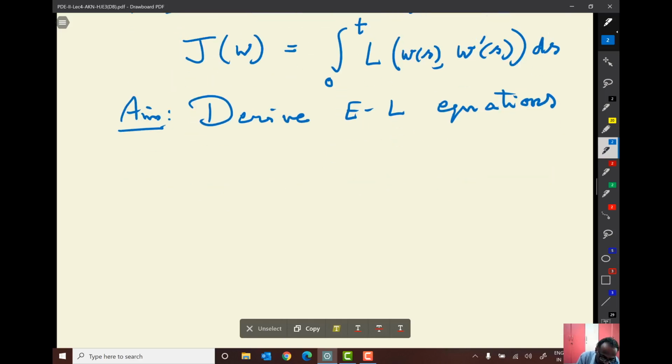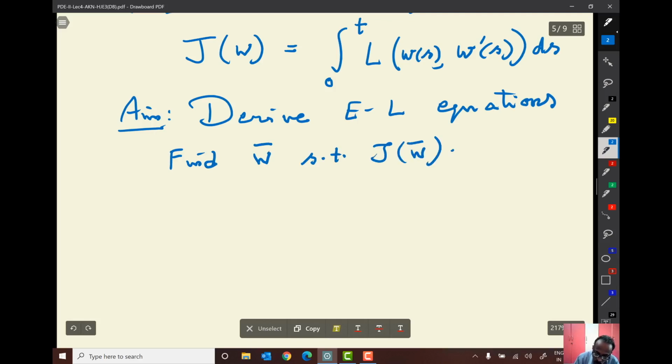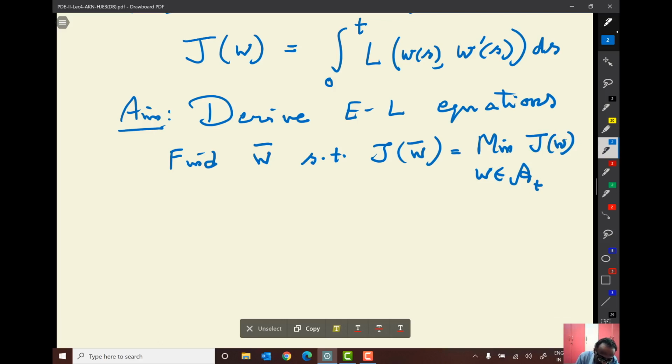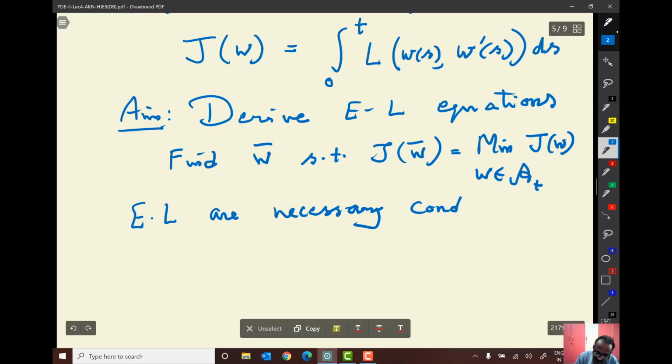The problem is to find w bar such that J(w bar) equals the minimum of J(w) over A. These Euler-Lagrange equations are necessary conditions for optimality.